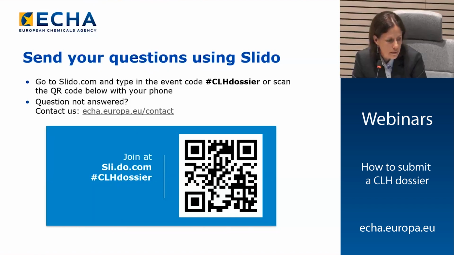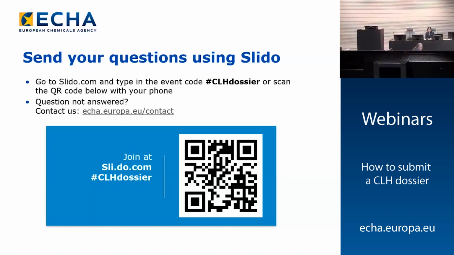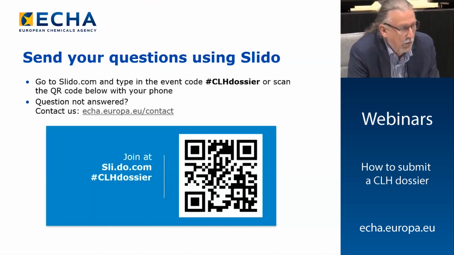Can you please confirm how many people from industry can attend plenary and working group meetings? Could it be someone from regulatory affairs plus one toxicologist expert? The rule for participation in RAC is the same for all ECHA bodies in actual fact.